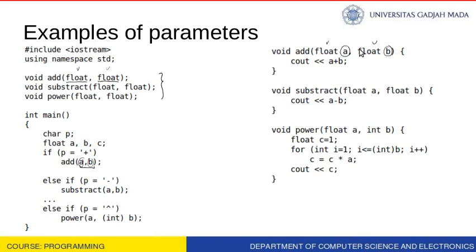You have to be careful that the data type of the given parameters should be suitable. If the first parameter is float, then the first parameter we provide here should also be float. For b, the second parameter, as you can see this is float, so it should also be float.